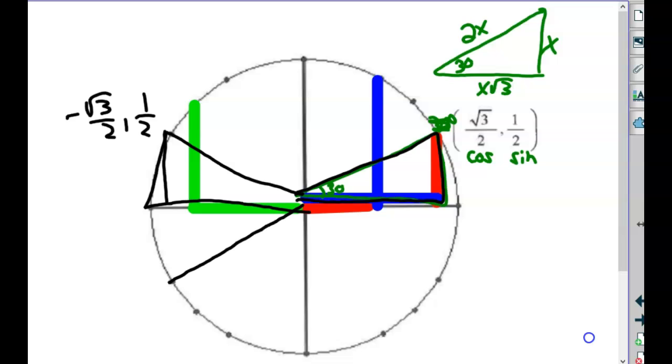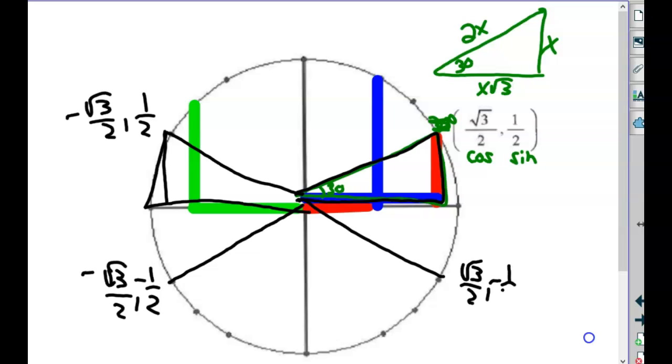Now there's two more. Down here, it went left and down. And down here, it went right and down. But all four of those are the same size, yes?